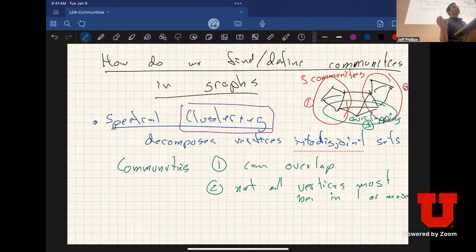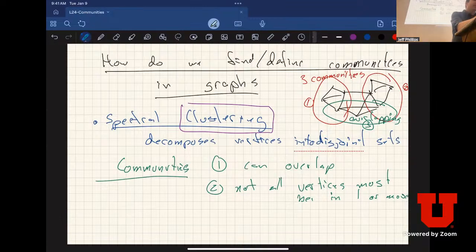If you have some bots, maybe there's a community of bots out there that aren't real users. But if a node is just one node, not connected or following anything, it doesn't need to be forced into a community either. You want to find a tight set of nodes, and it's okay if these overlap, and you don't need to classify things that don't need to be pushed in. So spectral clustering gave us a good place to start. We want to somehow find these regions which are tightly connected.